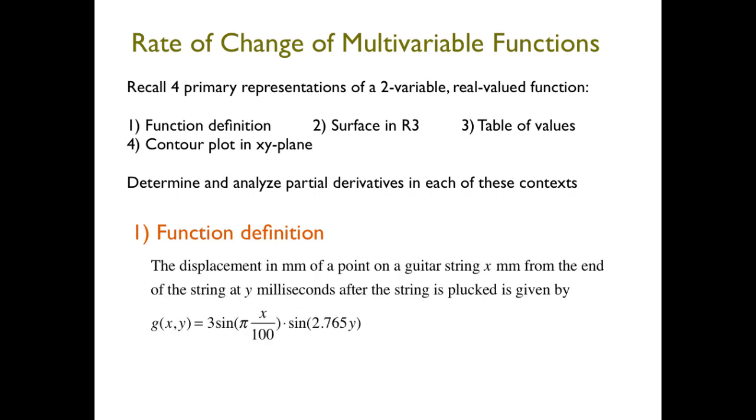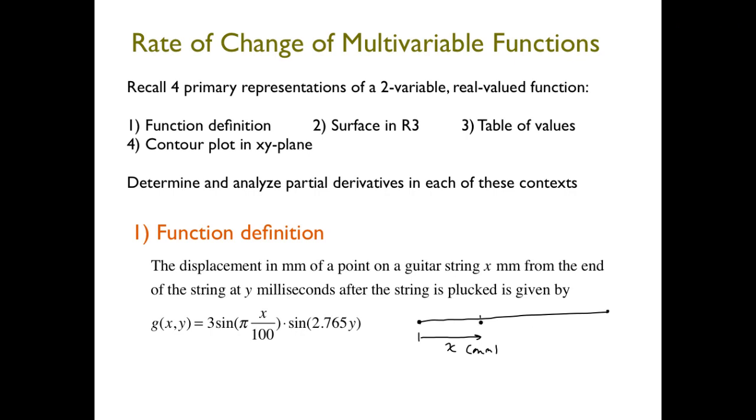Okay, so you've got this guitar string, and it's held at 2 points. So x is the distance along the string, where you are along the string, in millimeters. So that can vary, right?